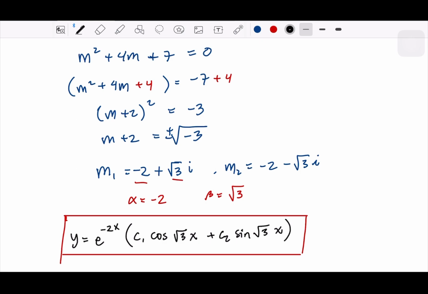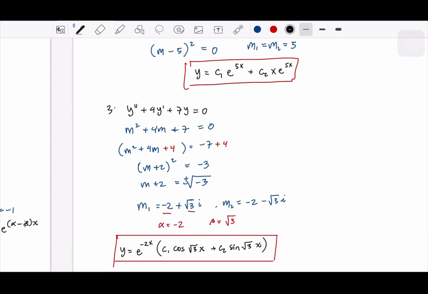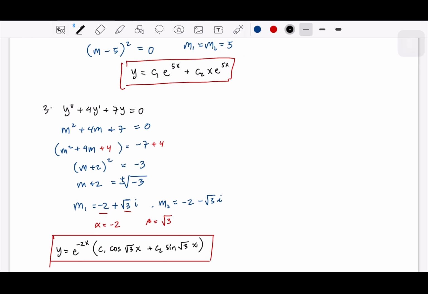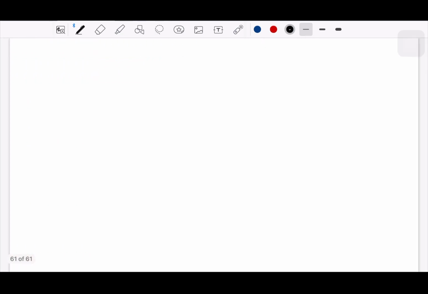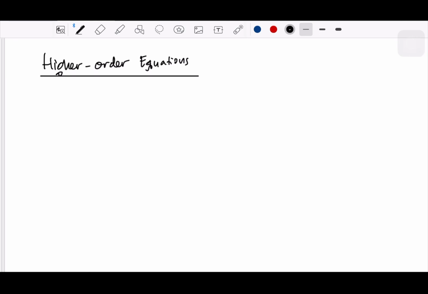I will just give you the last one for this session. So the last one is the higher order equations. I think for Thursday we can have more examples.